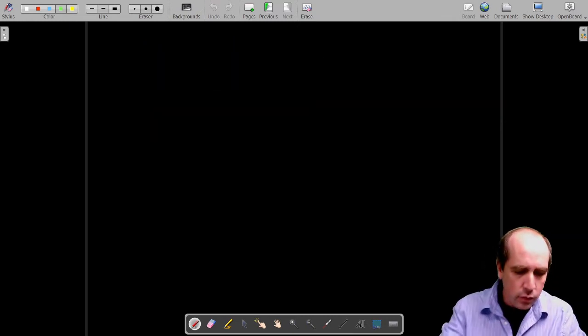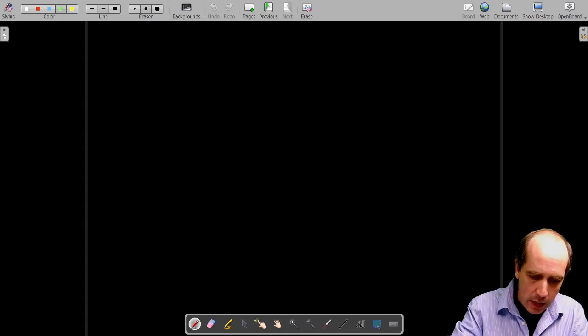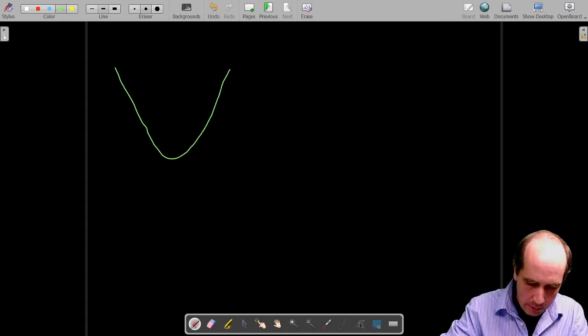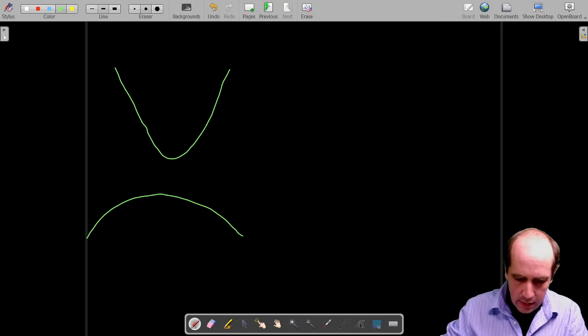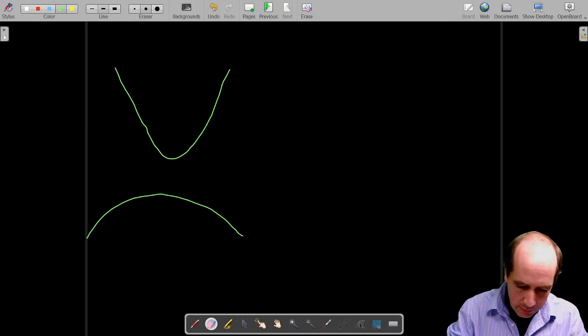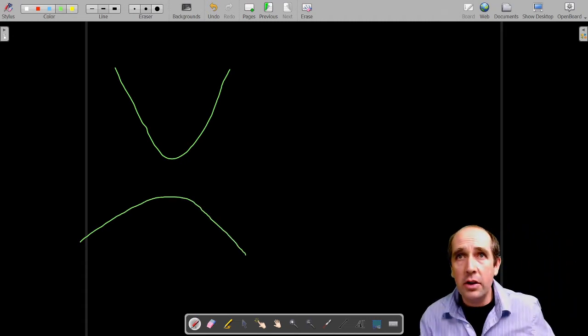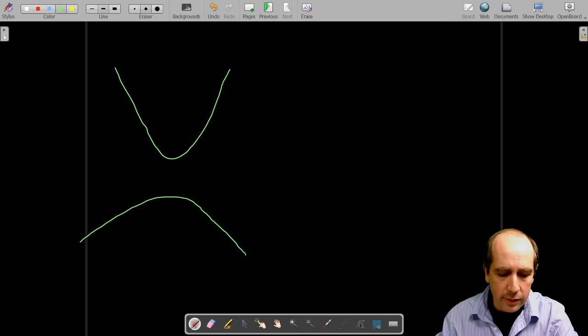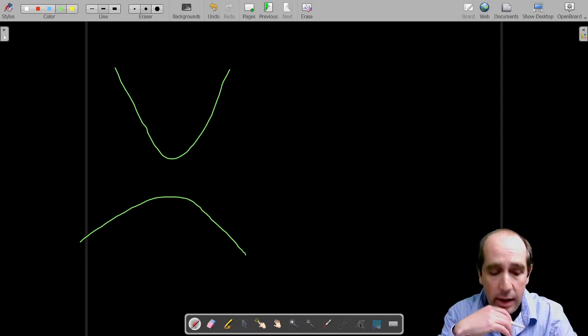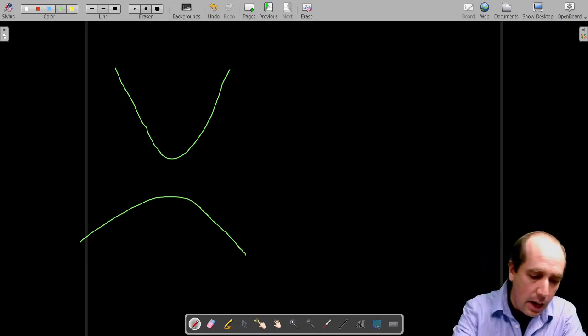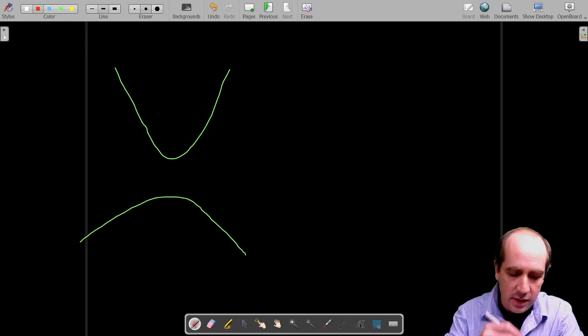Let me draw here again a band structure of a direct bandgap material. This is not actually very well aligned, so let me draw it again. Let's think of a material that has the minimum of the conduction band and the maximum of the valence band aligned with each other.